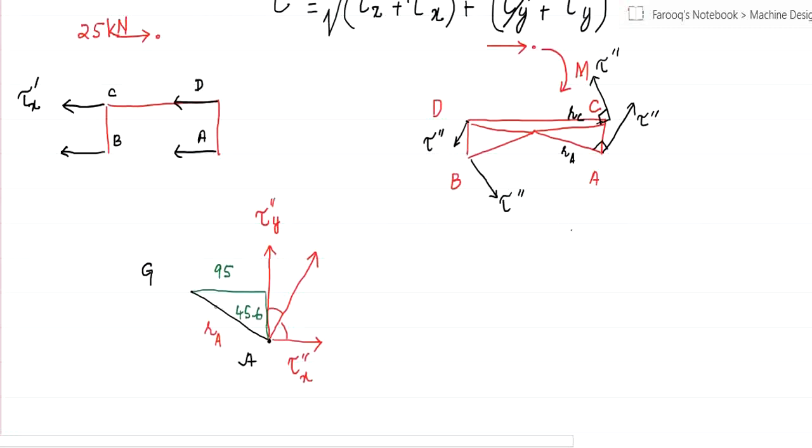So we can use these lengths to work out our angle. And we are going to do the same for our rest of the secondary shears. Once all of these are known, then we can find the overall stress at point A and at point B because they are going to be same.